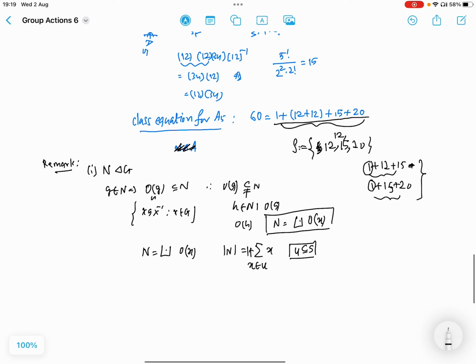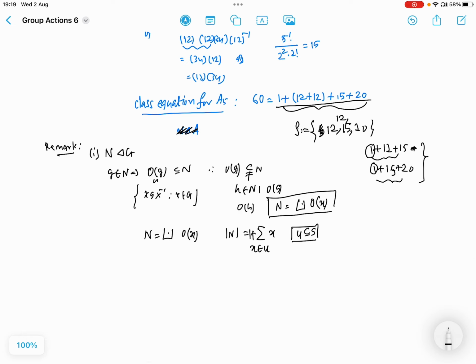And now it is routine, because what are the possibilities for the order of any subgroup of order 60? Of course, you are excluding the trivial case, so it is 2, 3, 4, 5, 6, 10, 12, 15, 20, and 30, and we are also excluding the entire group.